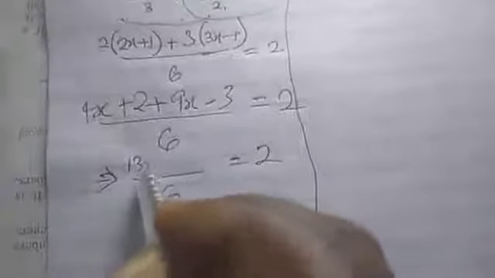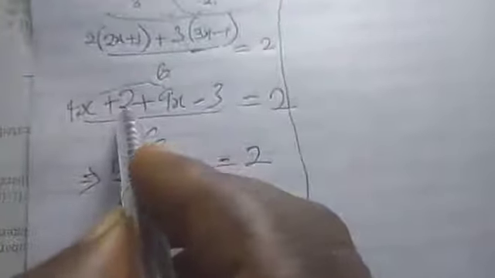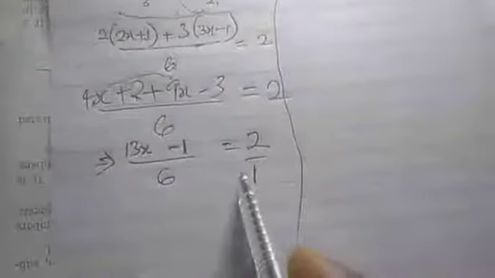I'll still write my equal to 2. Over 6 is here. 4s plus 9s, that should give me 13s. I want to add these two together. And likewise, 2 minus 3, that is minus 1. So I can put over 1 here. It is now in the form we have been dealing with.